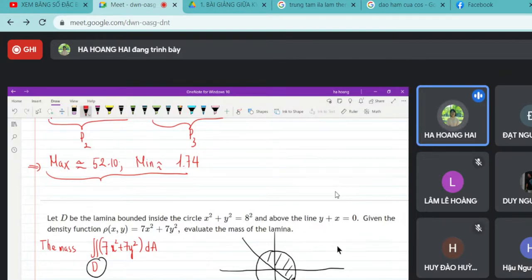So we have to rewrite the boundary. The circle is immediately obvious, with equation x squared plus y squared equal to a squared, so the equation in polar is r equal to a.